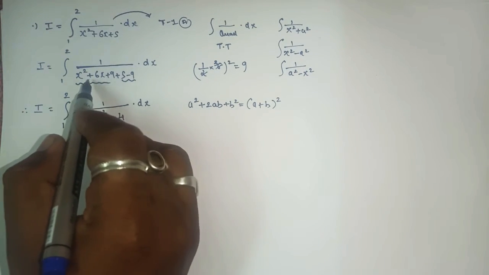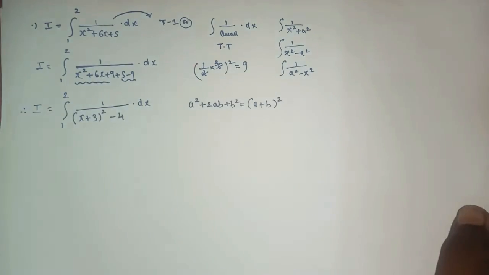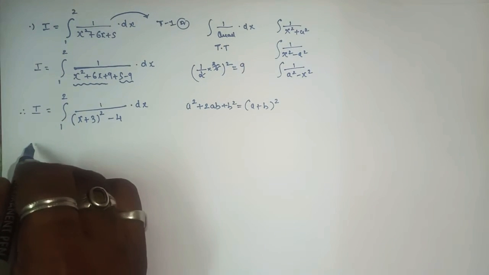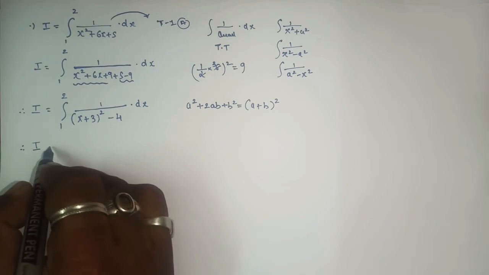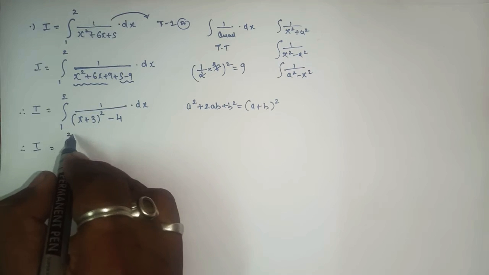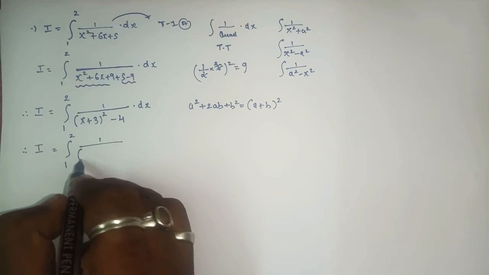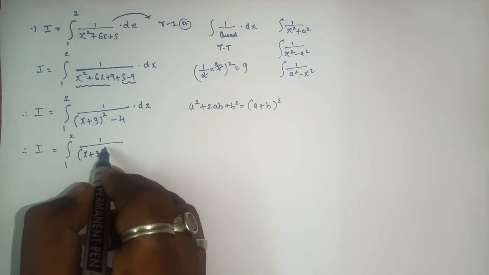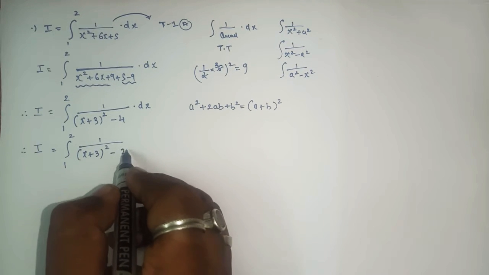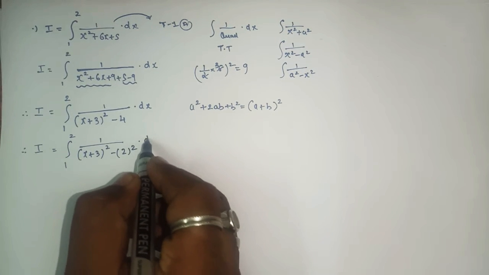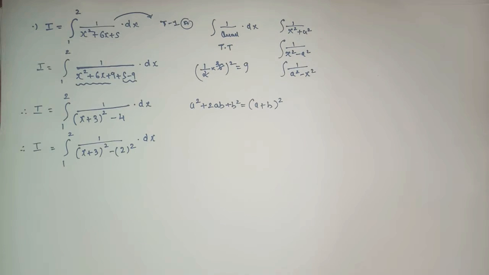Okay, as here the first and the second term are both positive. After this, as we know, this 4 can be written as 2 the whole square into dx. Understood? Got the point? Okay.